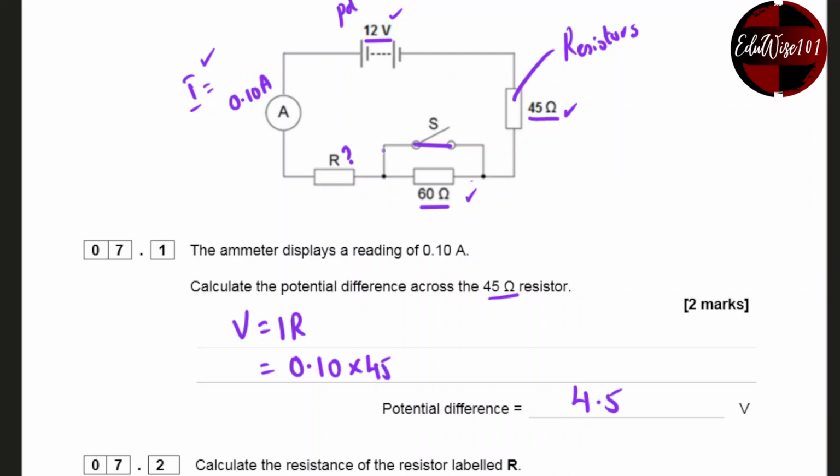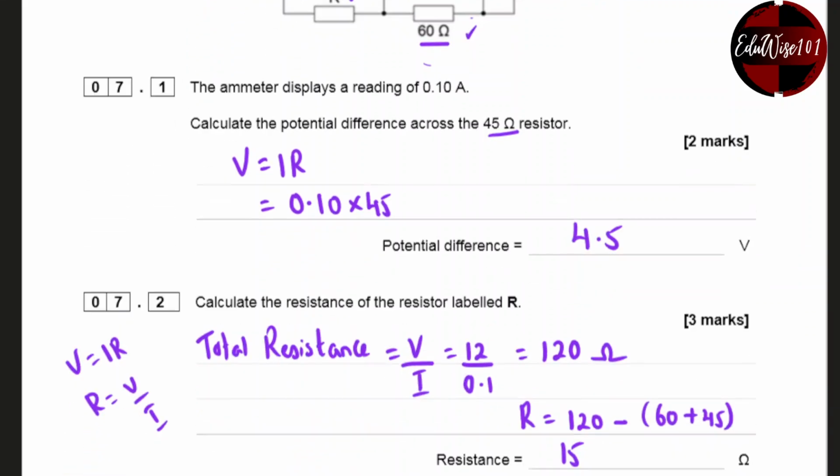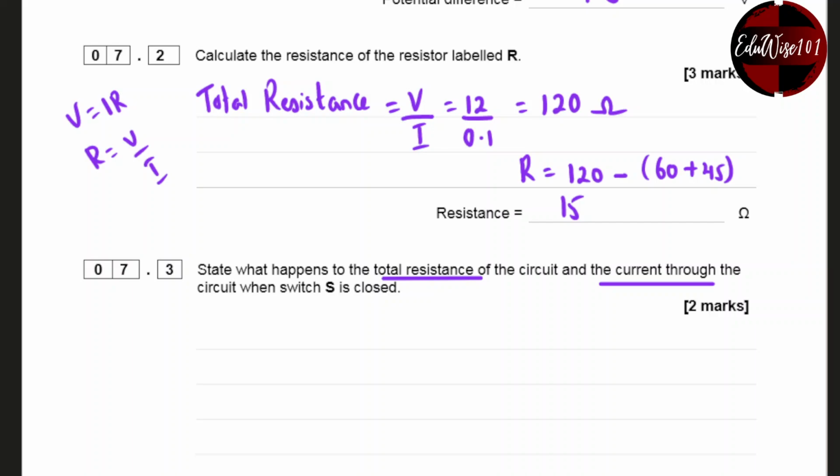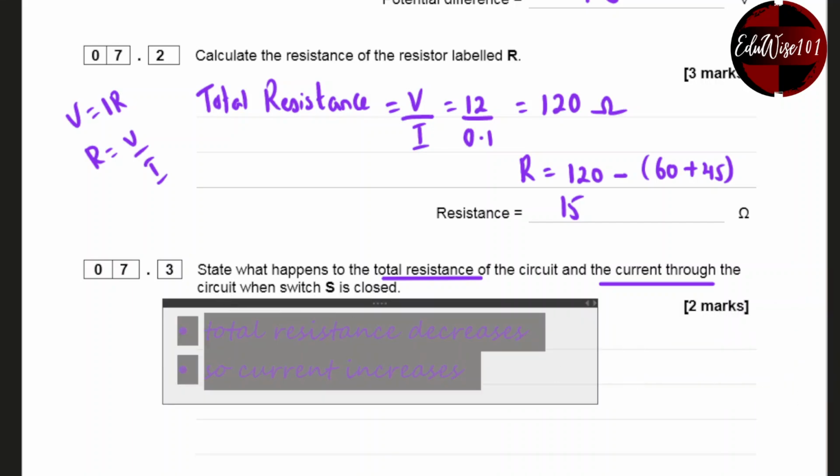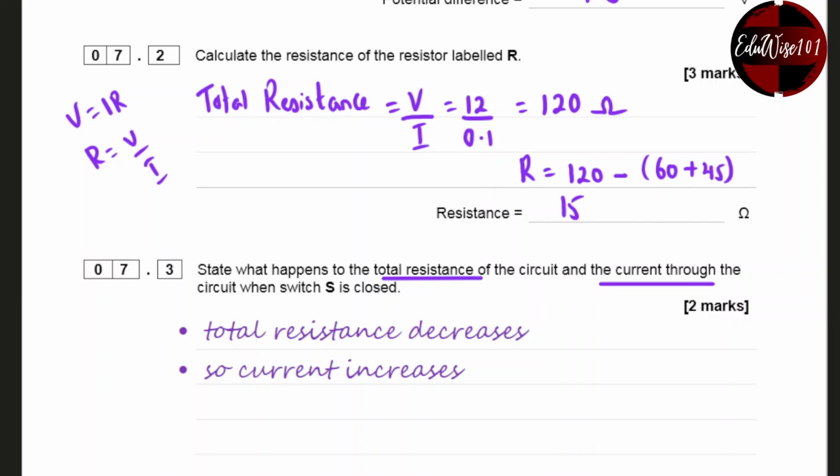So if the current actually goes through this, then the total resistance of the circuit actually goes down. Why? Because this resistor is not effective. Now, if the resistance goes down, that means the current actually increases, because now the current is not being slowed down. So the answer, the total resistance decreases and the current increases.